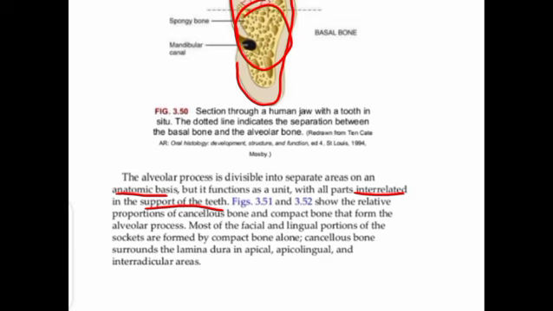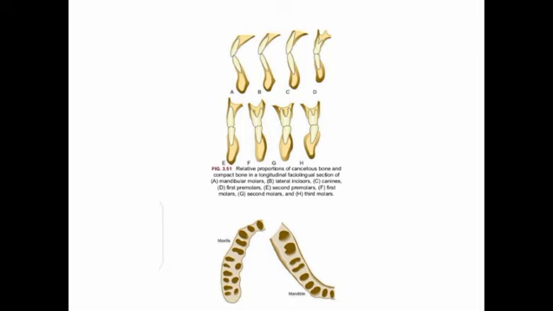Most of the facial and lingual portions of the sockets are formed by compact bone alone, but cancellous bone supports the lamina dura in apical, apicolingual and interradicular areas. In a bar diagram, you can also see the amount of cancellous bone and compact bone in these structures.